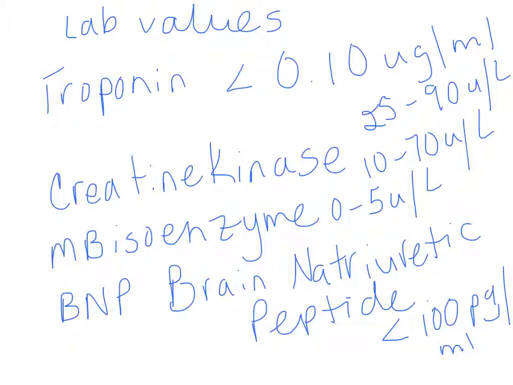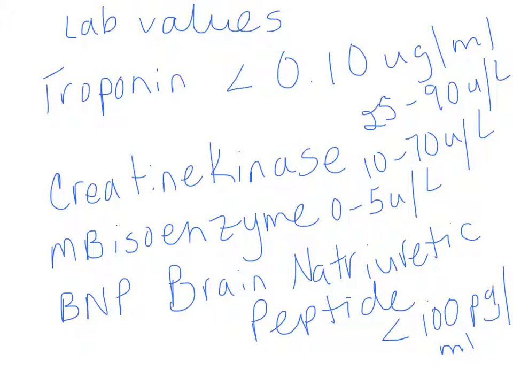So let me talk about these few labs just for a second. The troponin is actually a protein that is found in the blood. It's related to the contraction of the heart, so you can understand why that plays an important key into assessing a patient who maybe comes in and complains of chest pain. The creatine kinase is looking at muscle damage. When we add the MB isoenzyme, we are specifically looking at the heart muscle.